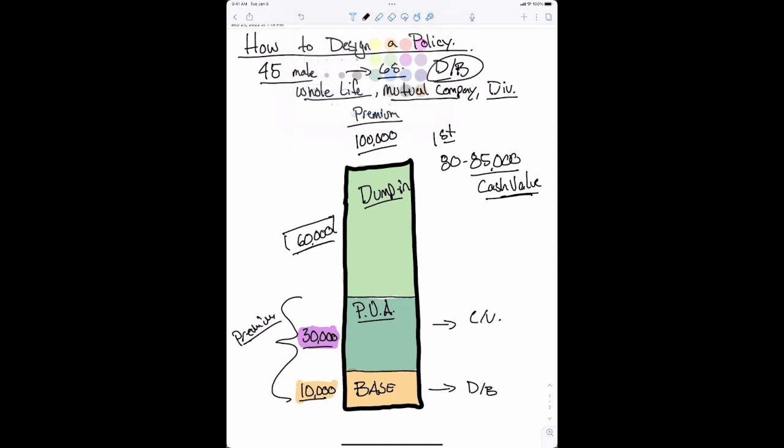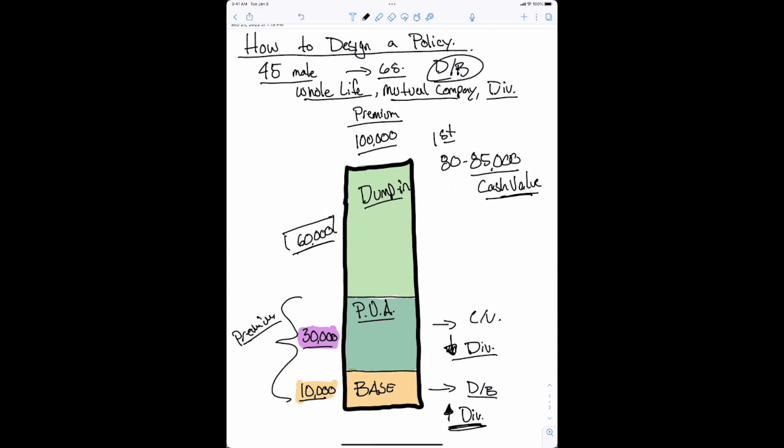As I put money into the base, this earns more dividends than the PUA, which will earn less dividends. In other words, this policy that I'm showing you right now, this is the most cash typically that you can put into a policy up front. The trade-off is the long-term growth might not be there.